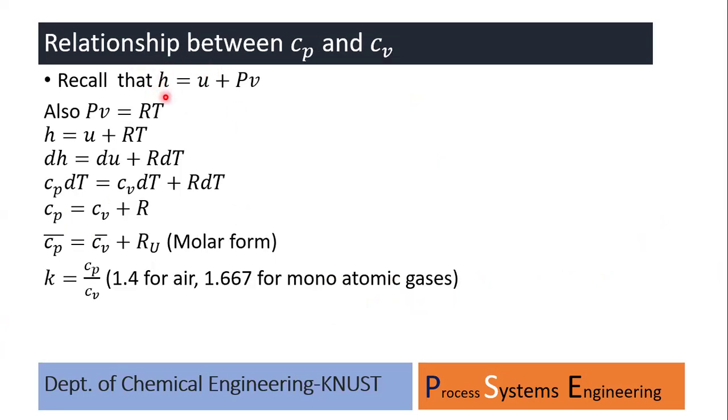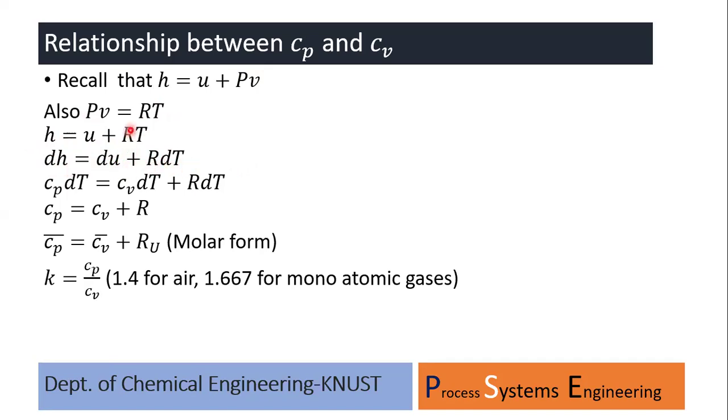Okay. Now, remember we said our enthalpy is equal to U plus PV. When we are dealing with an ideal gas, we can say that PV is equal to RT, right? So this PV here, I can replace it with RT to get my H to be equal to U plus RT. Now, if I differentiate the whole expression, I'll get dH equal to dU plus R dT.